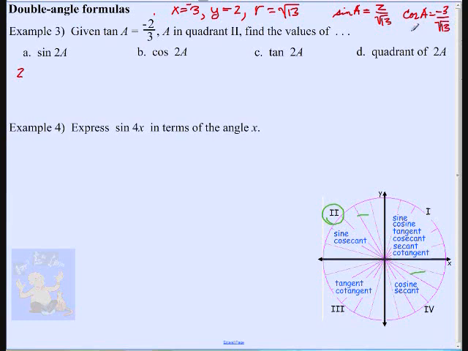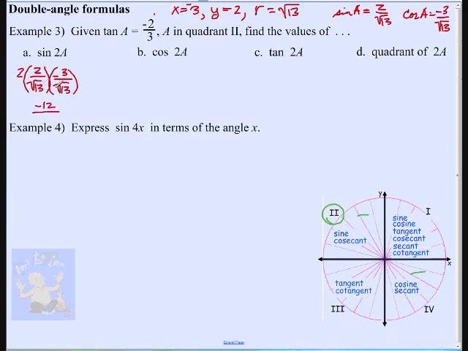I'm going to use these two. My sine, 2 over the square root of 13, times negative 3 over the square root of 13. What does that become? 2 times 2 times negative 3 is negative 12.